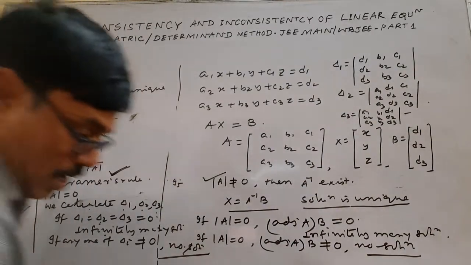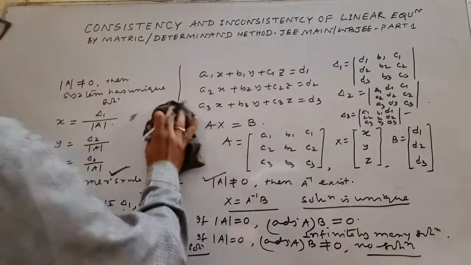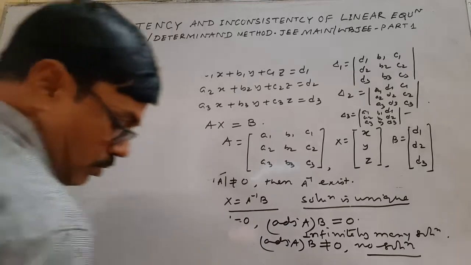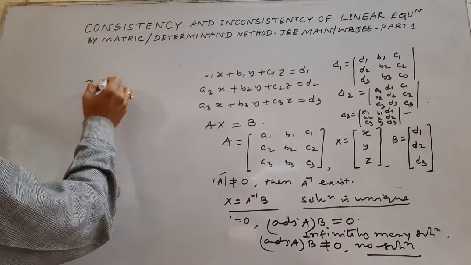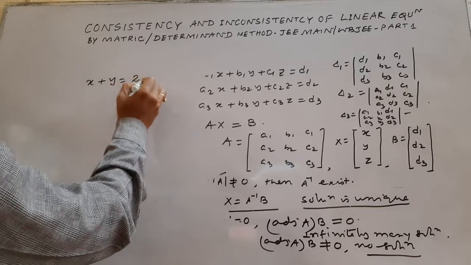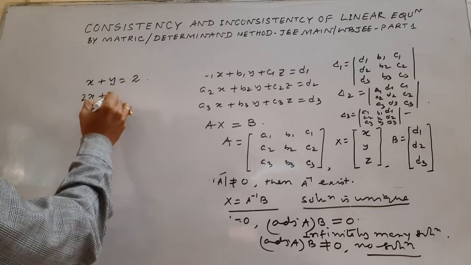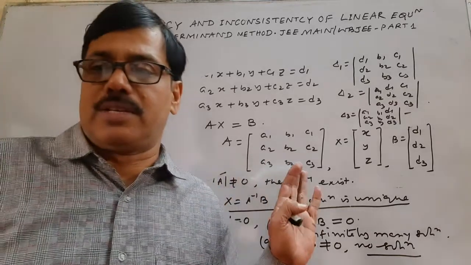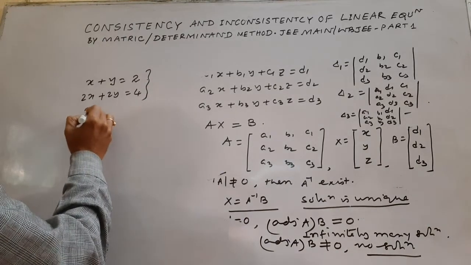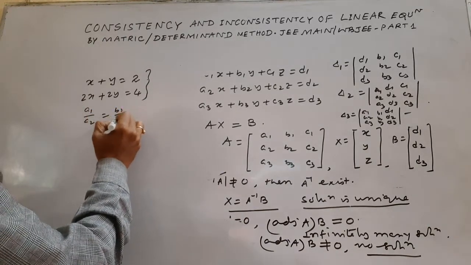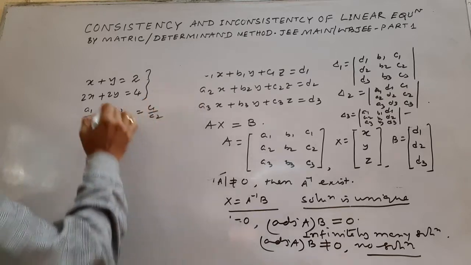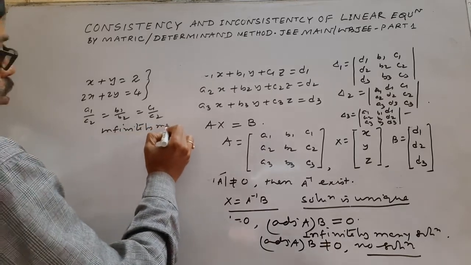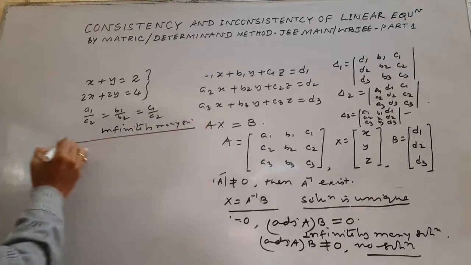Now, what are infinitely many solutions and no solutions? Let us consider an example. In 2 dimensions, suppose x plus y equals 2 and 2x plus 2y equals 4. They represent coincident lines, a1 by a2 equals b1 by b2 equals c1 by c2, so infinitely many solutions.